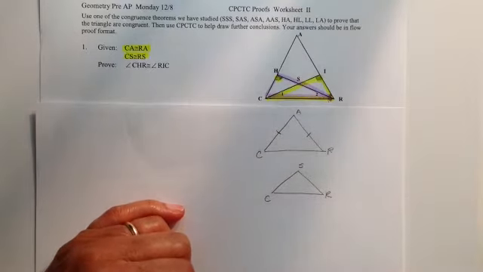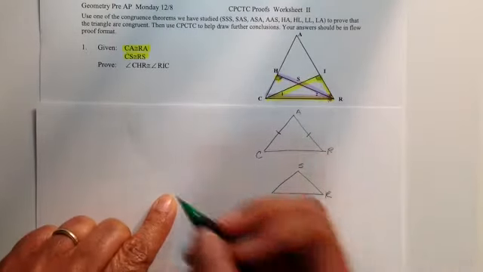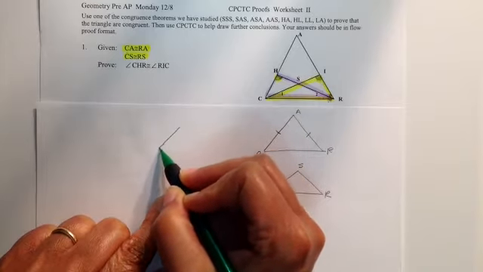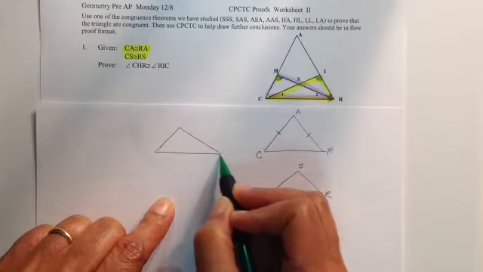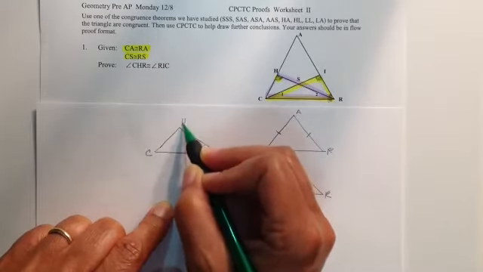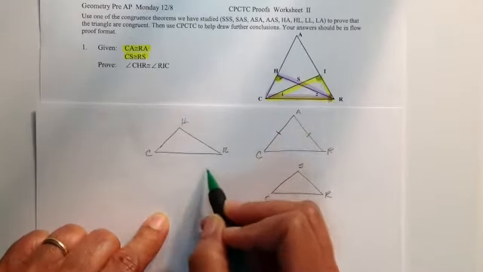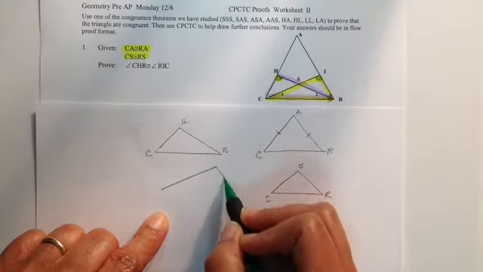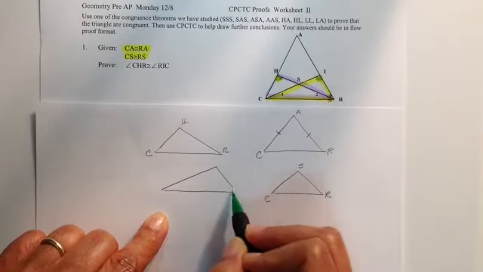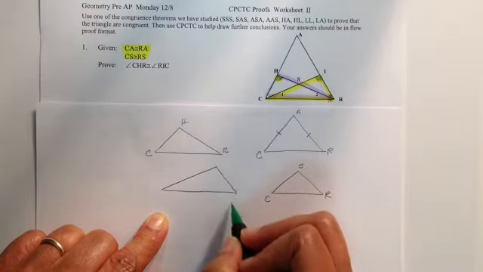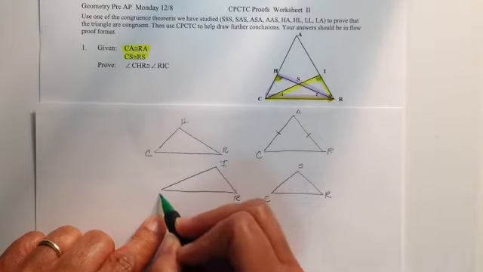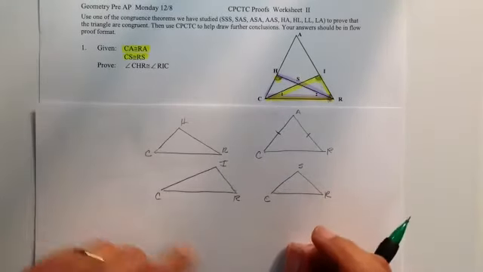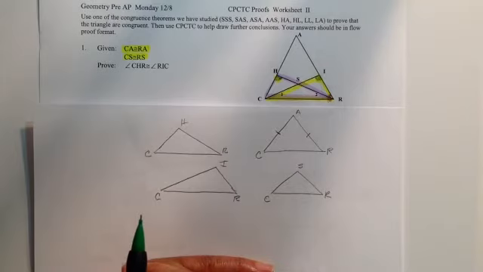So to make it simpler, it's probably worth pulling those triangles apart too. And this is where you've got to pay particular attention to your labeling. One, making sure you're labeling the triangles correctly, and then using that to help you understand some things about congruency.